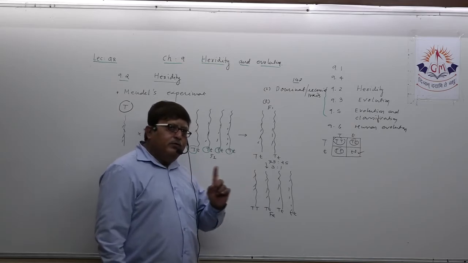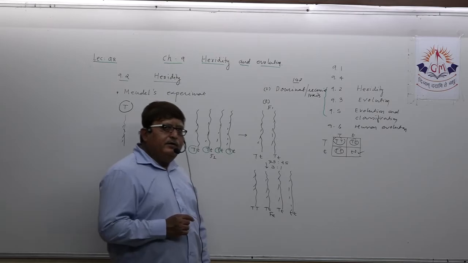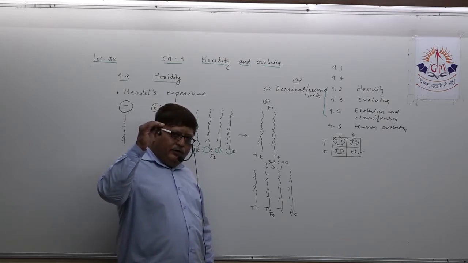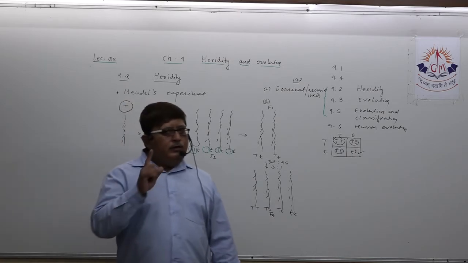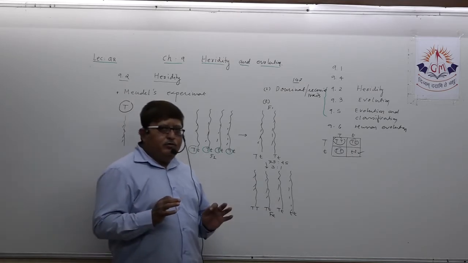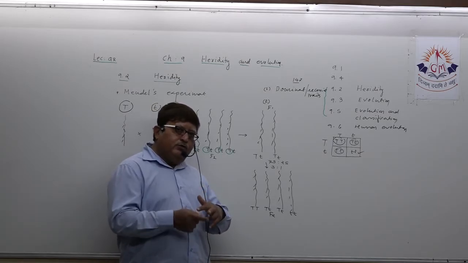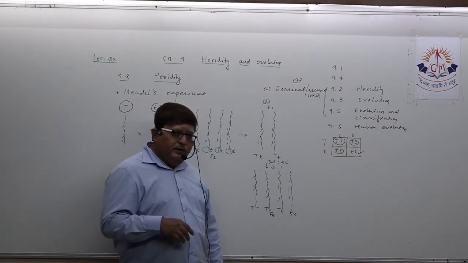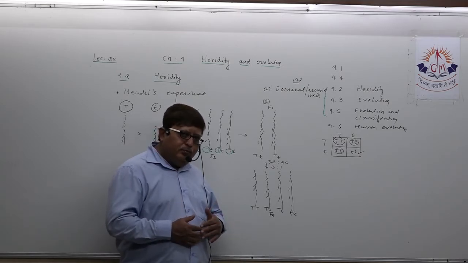He also performed the same experiment when he targeted some new character, new trait, that is tallness and round seed, shortness and wrinkled seed. Here he targeted only one trait, that is the trait of height. But to make himself more sure, he again performed another experiment, selecting the garden pea again as the raw material for his experiment.